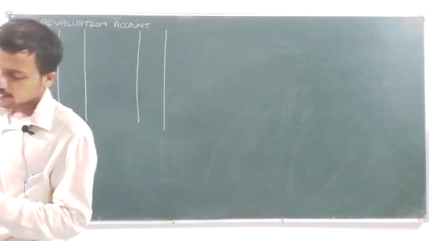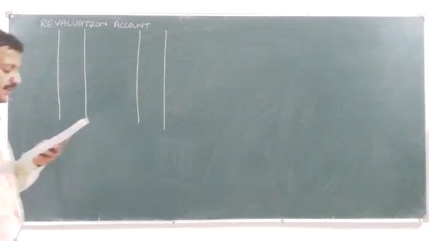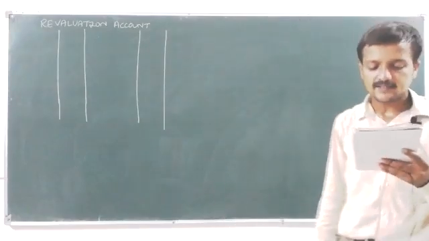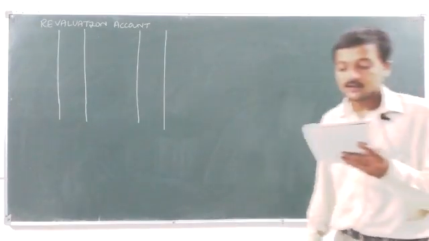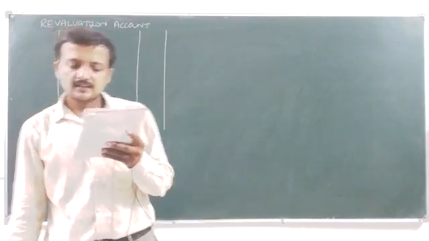Now, first let us look at the problem. Bills payable, sundry creditors and reserves are given. Then capital accounts are given. Freehold premises, machinery, furniture, stock, sundry debtors and RBD is 1000 there. Okay. And cash is given.